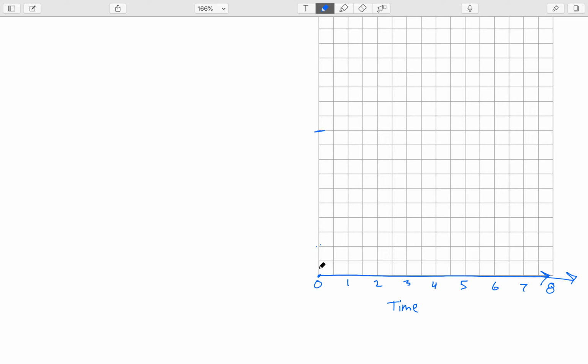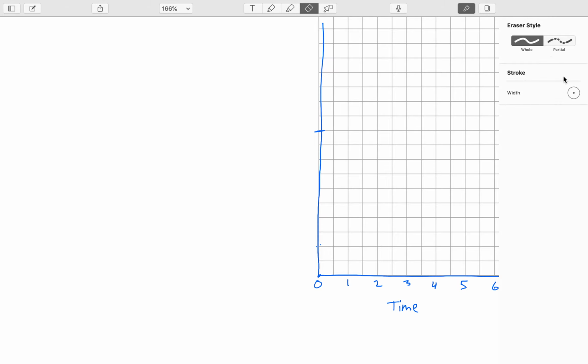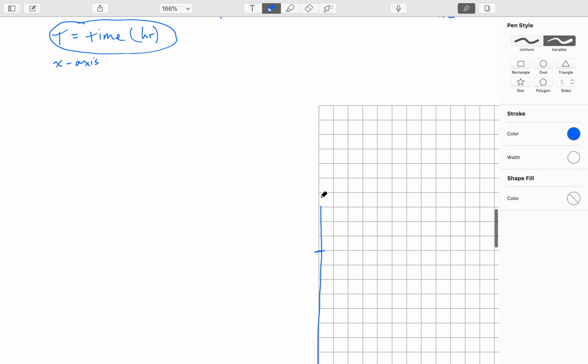So, I need to see if I can get an axis here. Oh, it's a terrible line. Oh, that's even worse. We'll get rid of some of this. Maybe I can do it from the top down. I really need a ruler. Okay, so you know what?